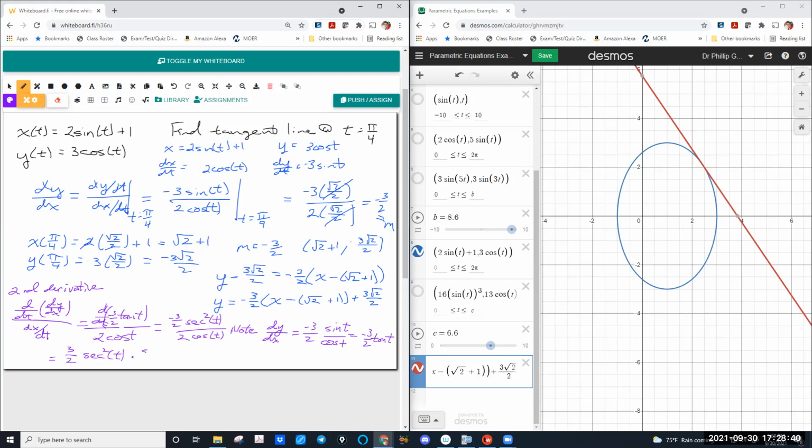So flipping by the reciprocal would be secant of t over 2. And we get, I lost my negative, didn't I? We get negative 3/4 secant cubed t. That is our second derivative.